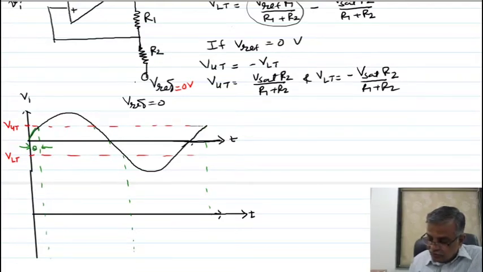During this time the output is positive.